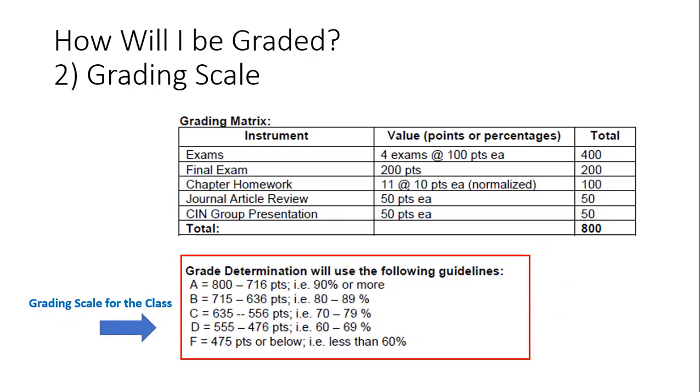This will help you keep track of where you stand in the class throughout the semester. You can also use this grade breakdown to determine how many points you will need to make an A or a B, etc. This information will also be important if you need to contest a grade after you take the course.